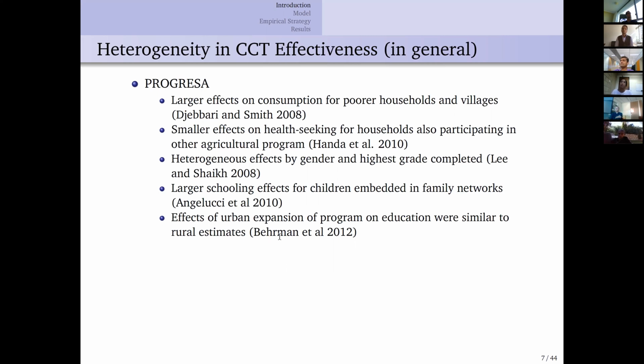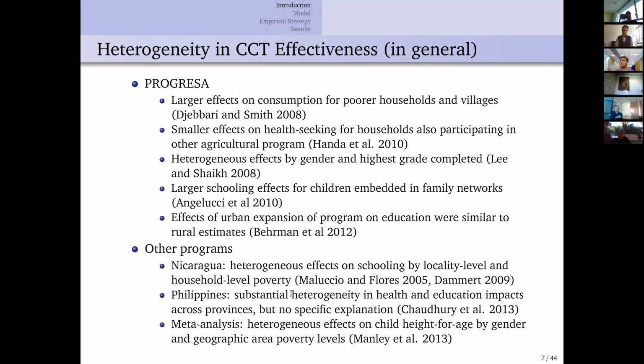And so this is just for the PROGRESA program, but there are also papers looking at heterogeneity in other programs. So in Nicaragua, again, there's an interest in looking at heterogeneity by poverty levels. In the Philippines, there's a CCT program called the 4Ps program, where the initial impact evaluation report documents substantial heterogeneity across provinces, but they don't really give any specific explanation.